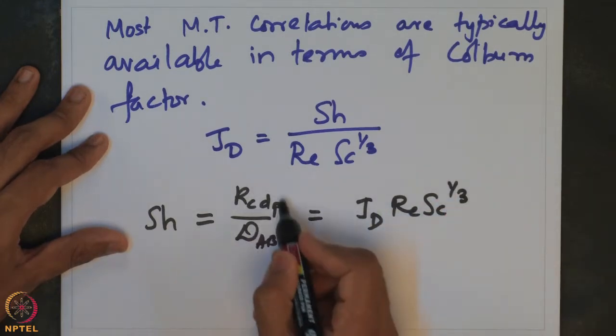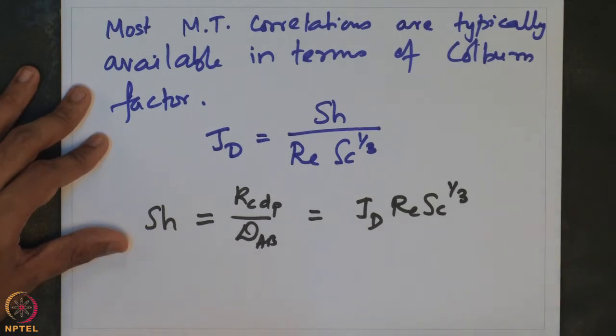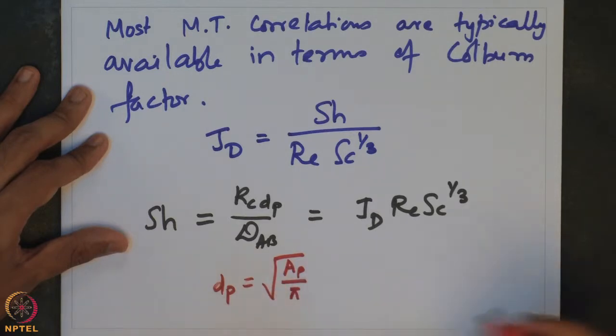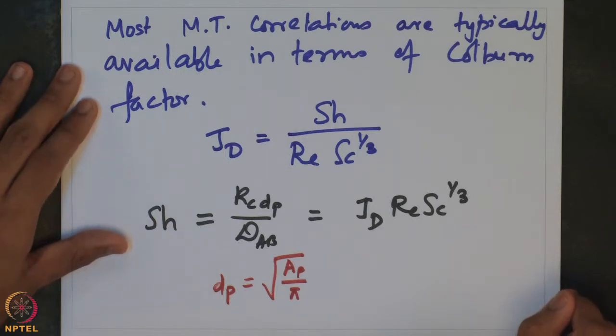Note that for this kind of correlation where JD is used, the particle diameter is typically given as the available area for the reaction divided by pi. It is not the equivalent particle diameter that is used. The one that usually works is the particle diameter based on the available area for the reaction to happen, let us say the external surface area where the reaction happens when there are external mass transport limitations.